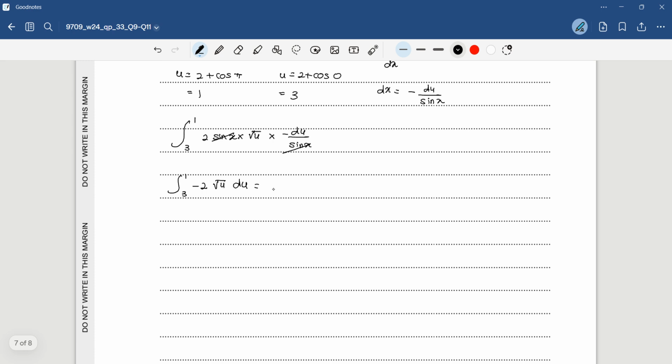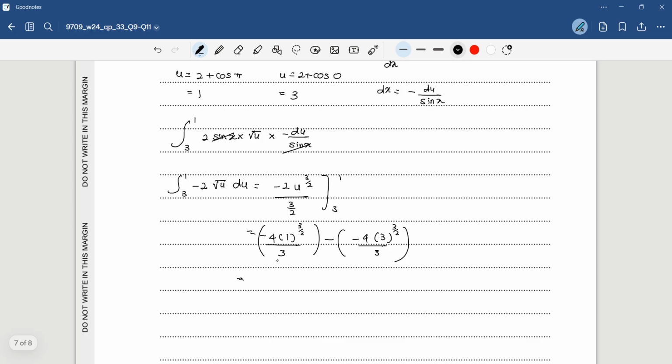So it's going to be negative 2 u to the 3 over 2 over 3 over 2, from 3 to 1. So negative 4 times 1 to the power of 3 over 2 over 3, minus negative 4 times 3 to the 3 over 2 over 3.